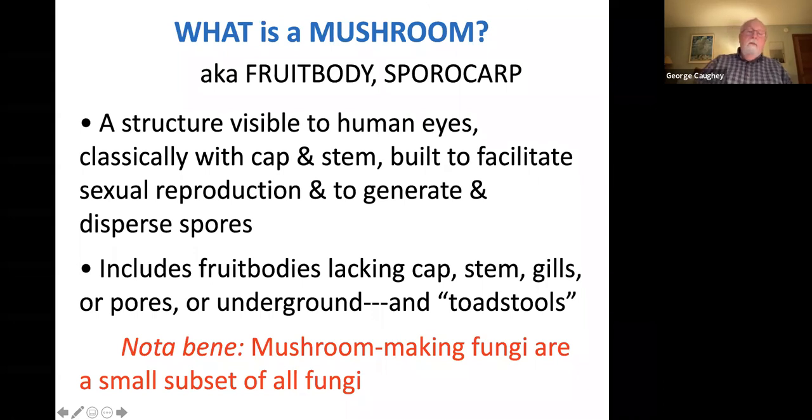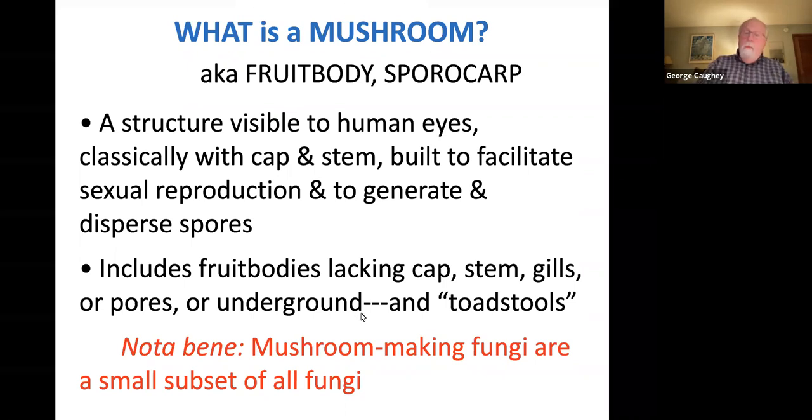My definition, and most people's modern definitions, includes fruit bodies that don't have to have a cap and a stem, but you can see them, and they're big and have spores. They may not have gills or pores, and they may even be underground, like truffles, which are just big containers for spores. You may not even be able to see them unless you dig them up.